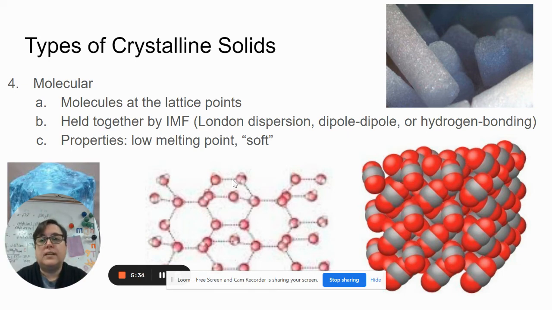What's holding our molecular crystalline solids together are those intermolecular forces that we talked about: London dispersion, dipole-dipole, and hydrogen bonding. They have very low melting points, and they are considered soft. I know that's kind of crazy to think about a solid being soft, but what we just mean by that is they're not as hard as metallic, ionic, and network covalent.